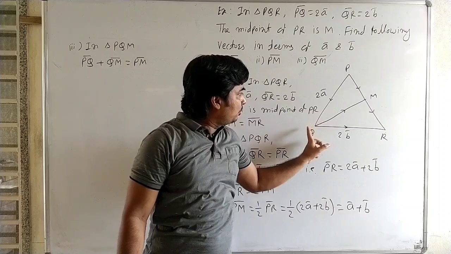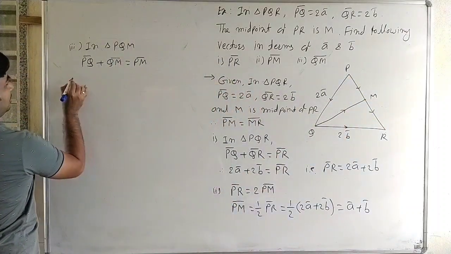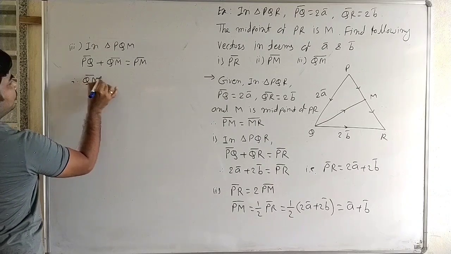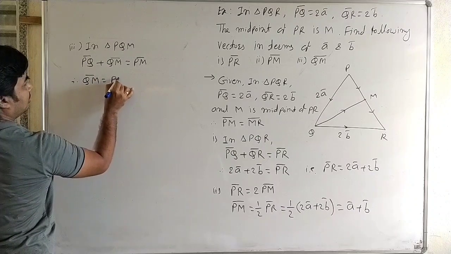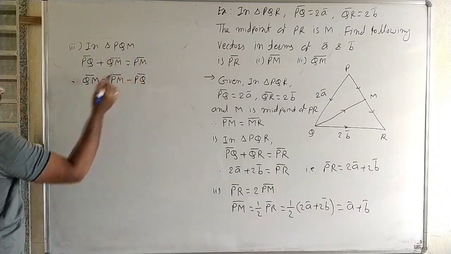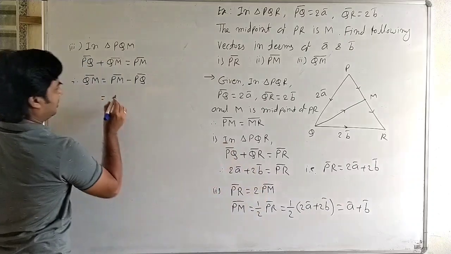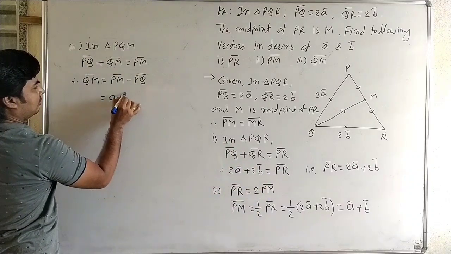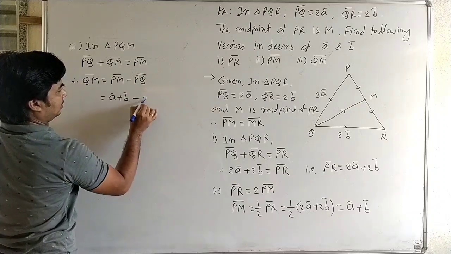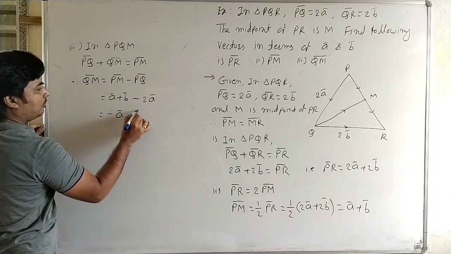But we want to find the vector QM, therefore we can write QM is equal to PM minus vector PQ. PM is already known, it is A bar plus B bar, minus PQ, which is 2A bar, and that means it is minus A bar plus B bar.